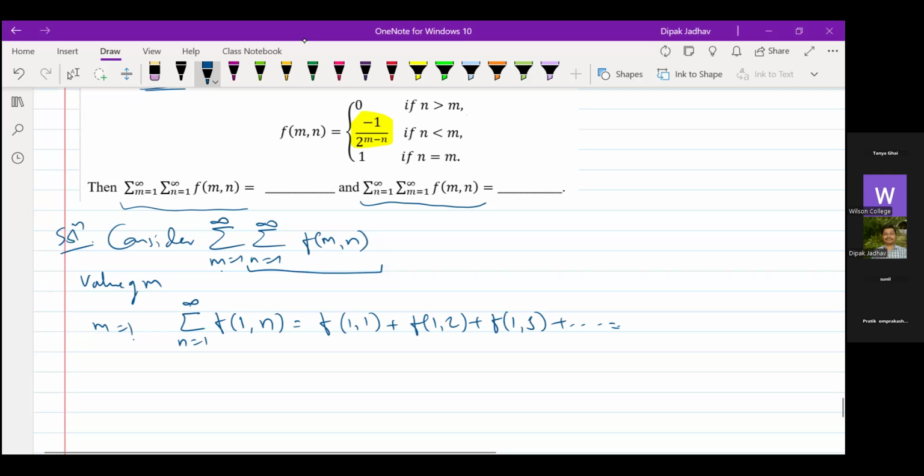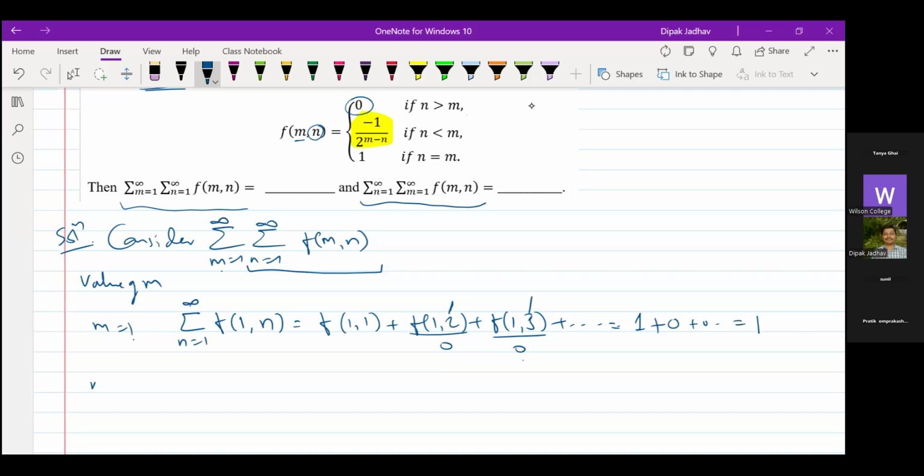Apply the definition and tell me. 1. Very good. 1 plus the rest of these are 0, because whenever the second index is bigger than the first index, the functional value is 0. Here the second index 2 is greater than the first index, 3 is greater than the first index, and so on. So the answer is 1 plus 0 plus 0.